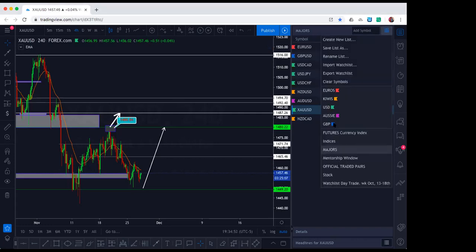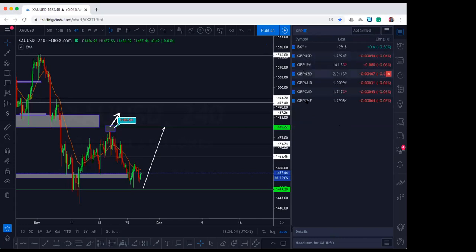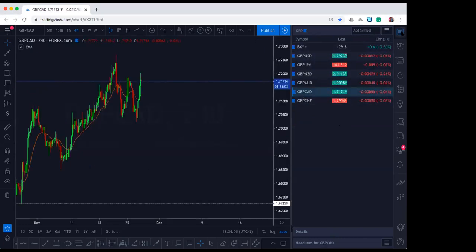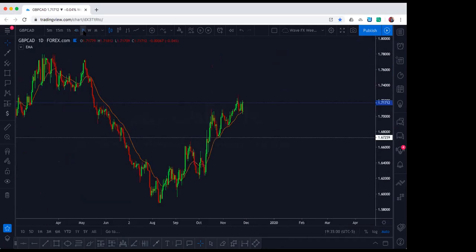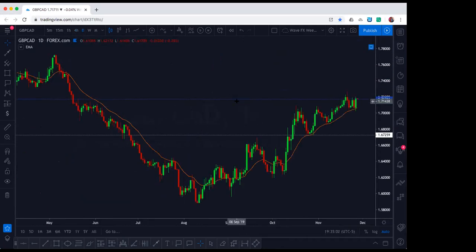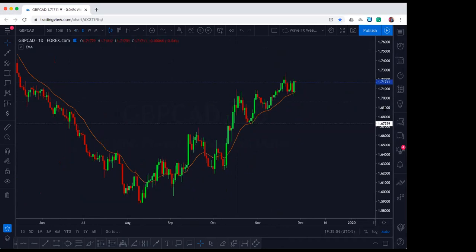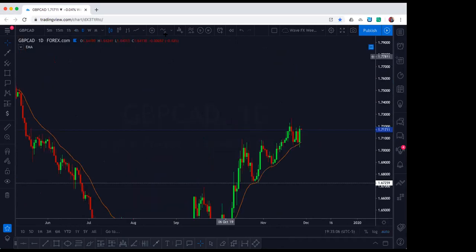So let's look at pound. Let's look at pound CAD first. It's been a while since I've looked at this pair, so just give me a minute to give a quick assessment on this pair.